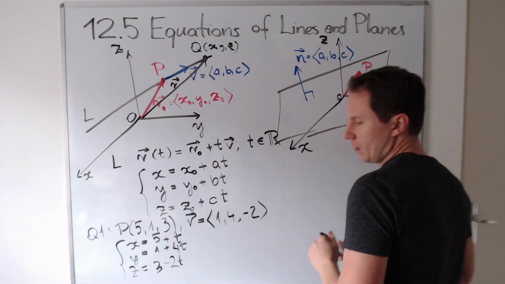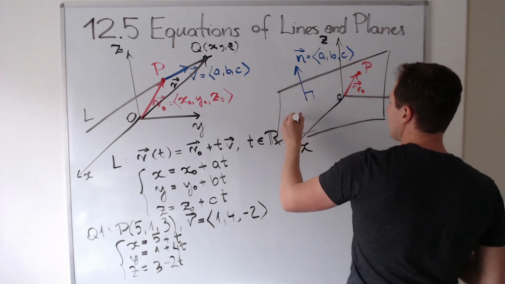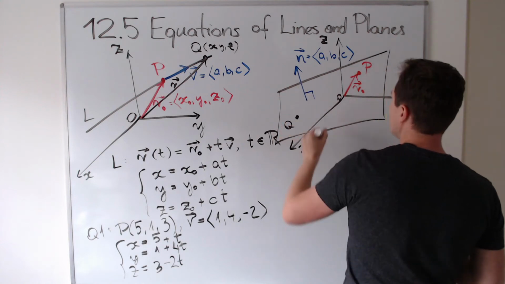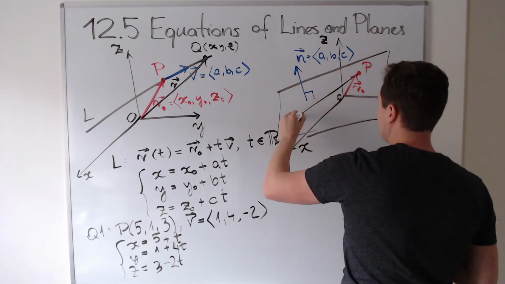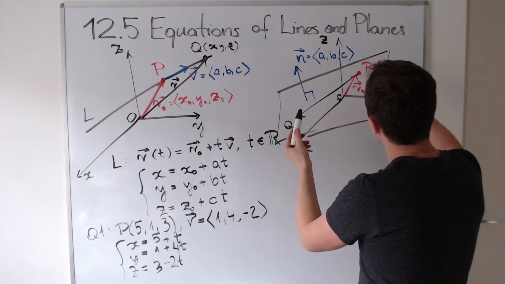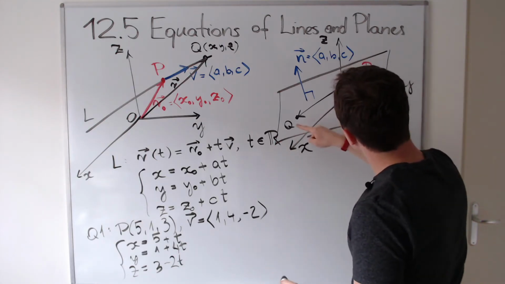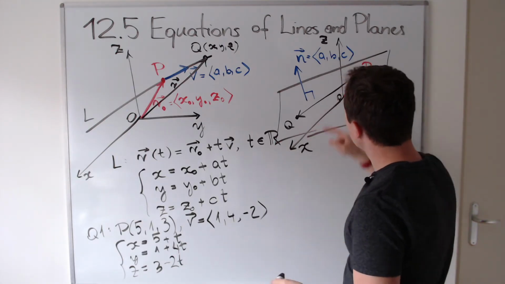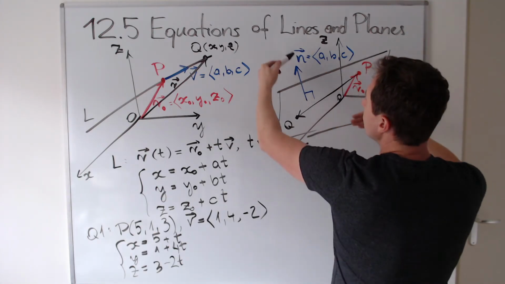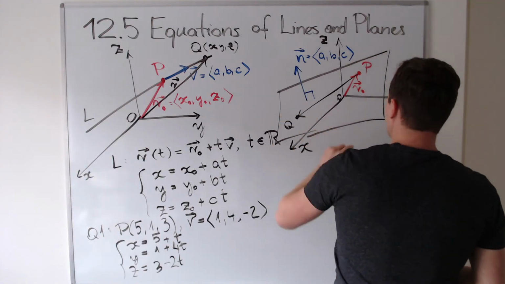So with this data, what we can actually see is that if you pick any point on the plane Q, connect it to P, what you will notice is that this vector PQ is going to lie in the plane, so it's going to be perpendicular to N, the normal vector.